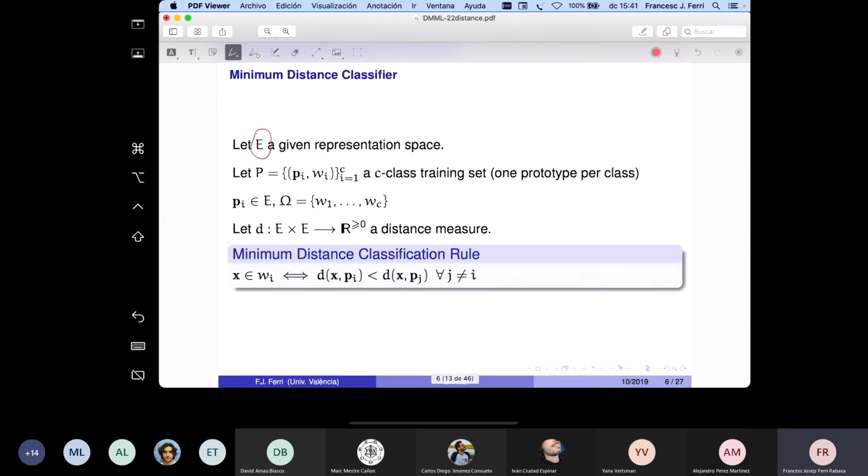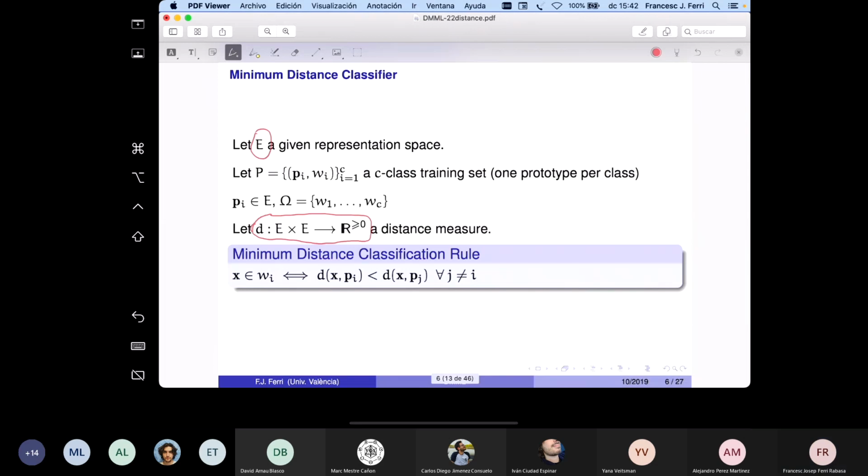We are not using X because we would assume that when we say X, we are thinking of coordinates. But we do not need coordinates. We only need distance. So imagine that E is an abstract space for which we have a distance function.